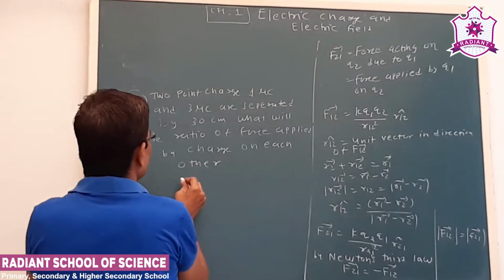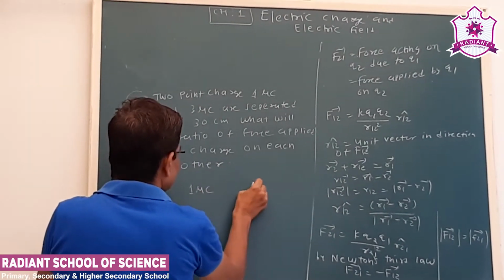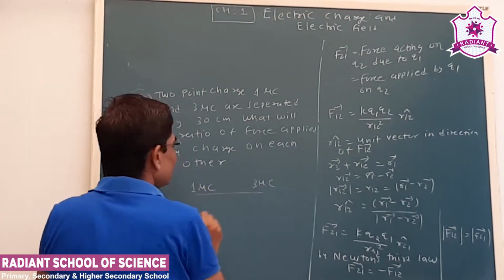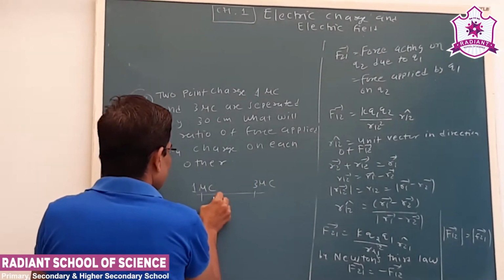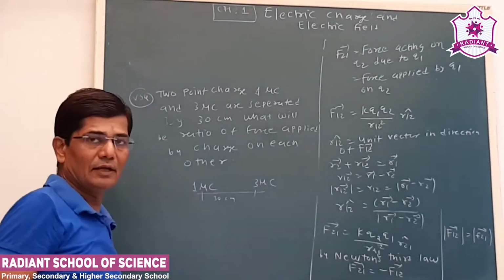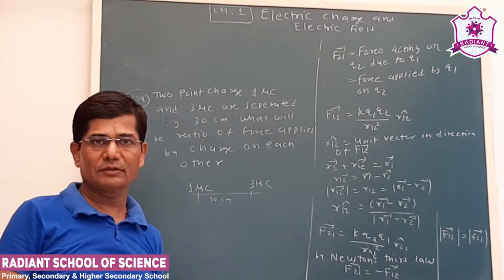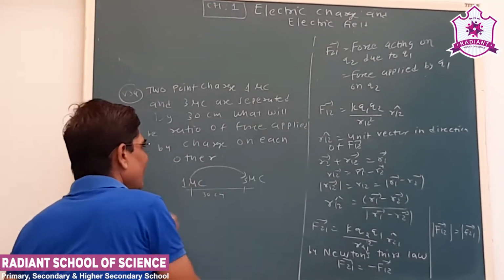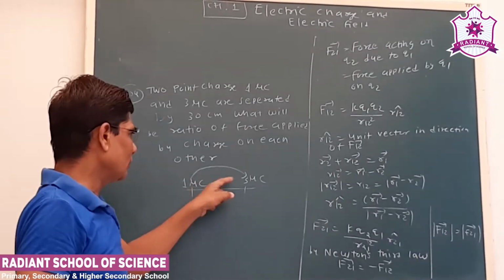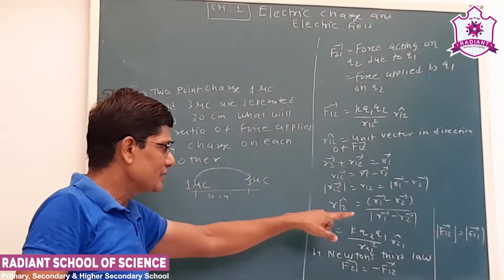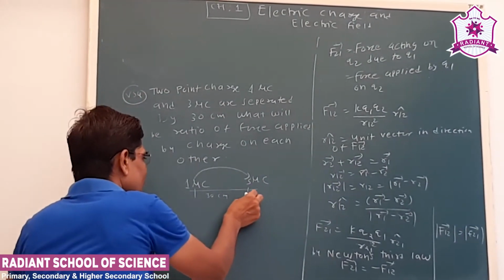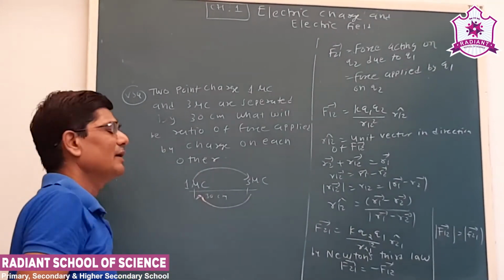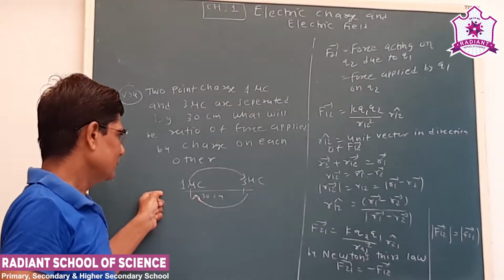Now again, we have a 1 microcoulomb charge and a 3 microcoulomb charge separated by some distance, let us say 30 centimeters. We can find the magnitude of the force, but whatever force is applied by 1 microcoulomb on 3 microcoulomb, a force of similar magnitude will be applied by 3 microcoulomb on 1 microcoulomb.